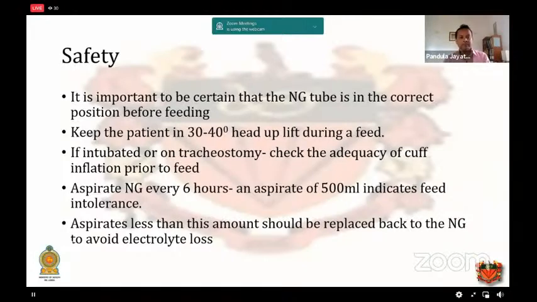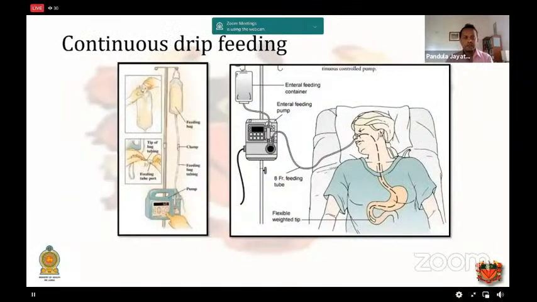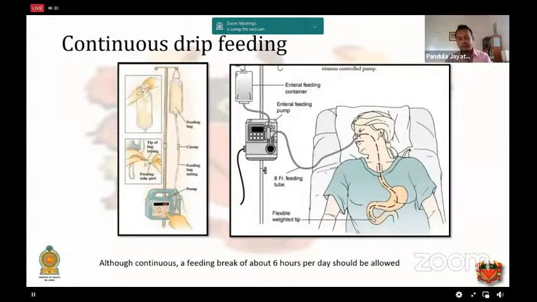You also have to aspirate every 6 hours and see whether the patient is having feed intolerance. Usually we replace this aspirate back into the NG tube to avoid any electrolyte losses. Continuous drip feeding is what we usually recommend, but even if it is continuous, we have to stop every 6 hours with a break.